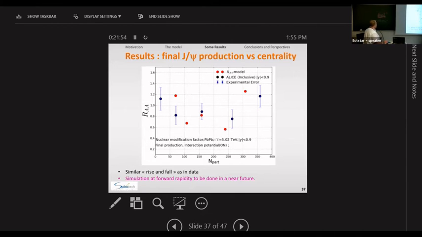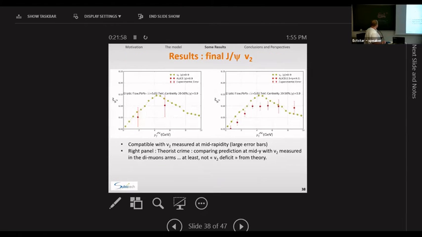And now let me finally come to the v2, which was somehow the most difficult observable to cope with. And here we compare, still because we're doing predictions at mid rapidity, with the best that ALICE can offer us at mid rapidity. And then we commit the terrorist crime of comparing prediction made at mid rapidity with v2 measured at forward rapidity.